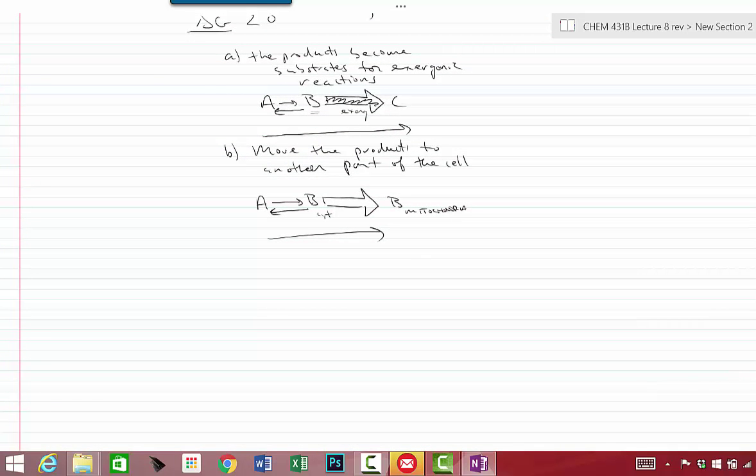Okay, we'll stop right here. We've talked about coupling reactions. We've been able to add some numbers to this concept. We've shown you how to calculate the final concentrations of products and reactants if you know what the initial concentrations are. And I've shown you some ways in which endergonic reactions can be made exergonic by some tricks that the cell uses.